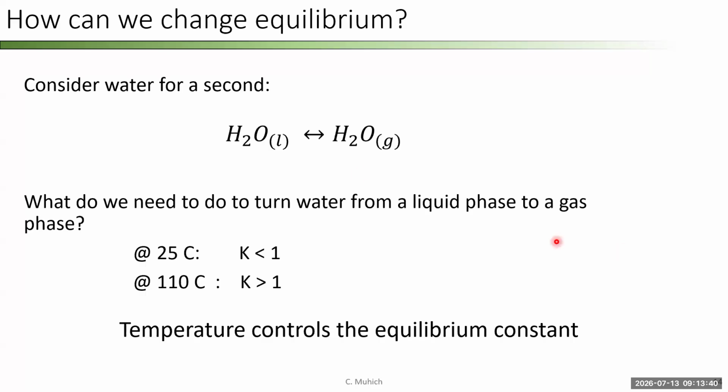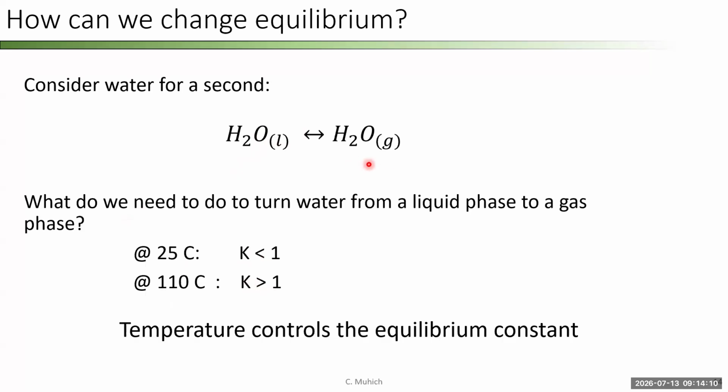Let's consider a simple example of water undergoing a phase change from liquid to the gas phase. My question is, what do we need to do to turn water from a liquid to a gas? Well, at room temperature, that K is less than 1. It wants to be liquid. At 110 degrees C, above boiling, K is greater than 1.